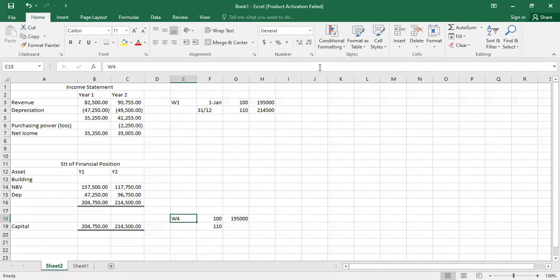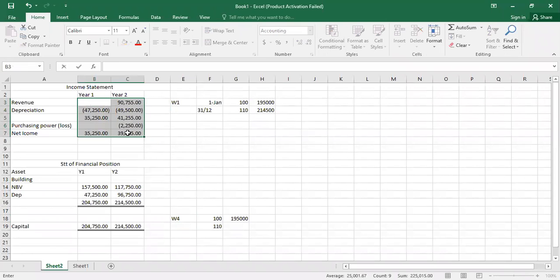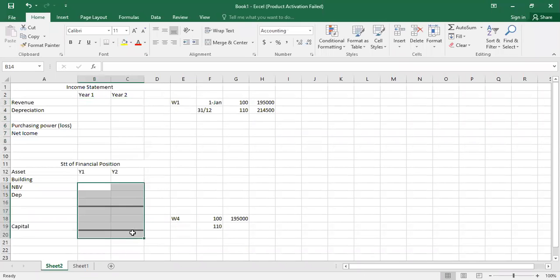So I go back to my income statement. Allow me to rub this. I want to make it clean.